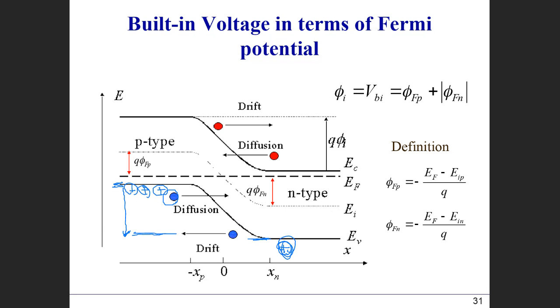So as you can see, to move this hole in the P side to the N side, you require this amount of energy barrier. Okay. So whatever holes have this amount of energy can move to this N side. But if the hole doesn't have enough energy, it cannot move. Okay, that prevents further diffusion of the hole in this direction. So that kind of information we can obtain from this energy band diagram. Okay.